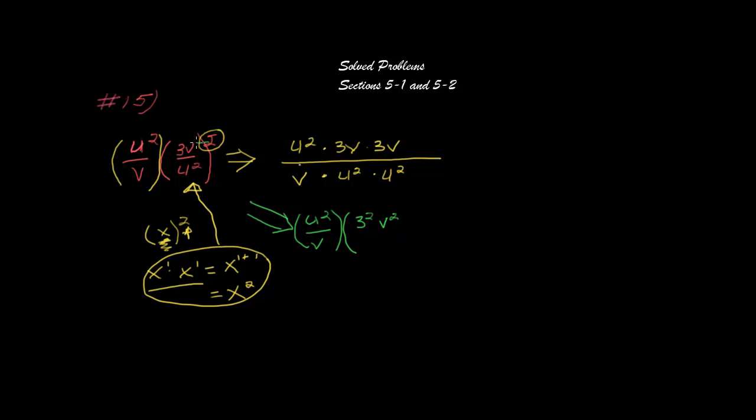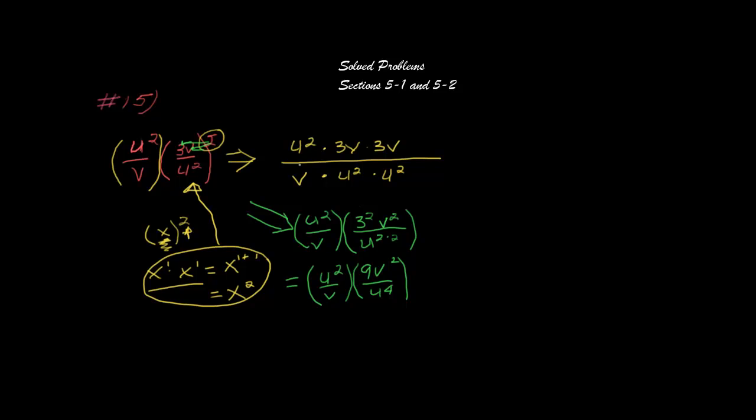Again, the law of exponents is I'm going to multiply this outer exponent times the given exponent for 3 and v. The understood exponent for 3 and v is 1. 2 times 1 is 2, in each one of those. And this will be u to the 2 times 2 down here. So this simplified is now u squared over v times 9v squared all over u to the 4th.